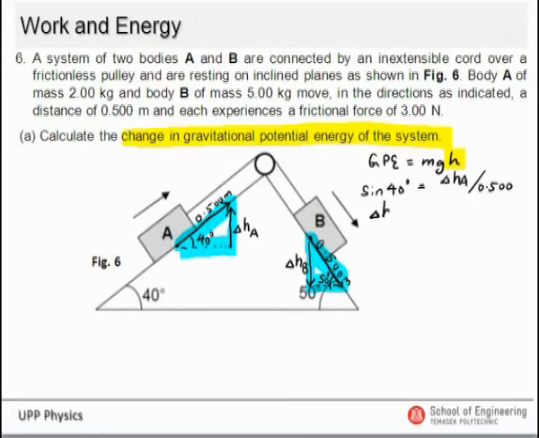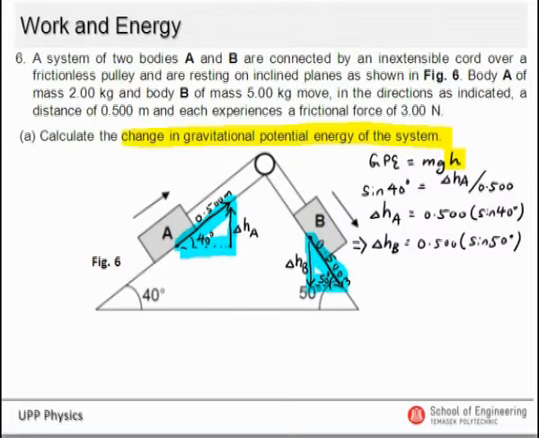So the change in height for A will be 0.500 times sine 40 degrees. So similarly, change in height for body B can be found in the same way. So it will be 0.500 sine 50 degrees instead.